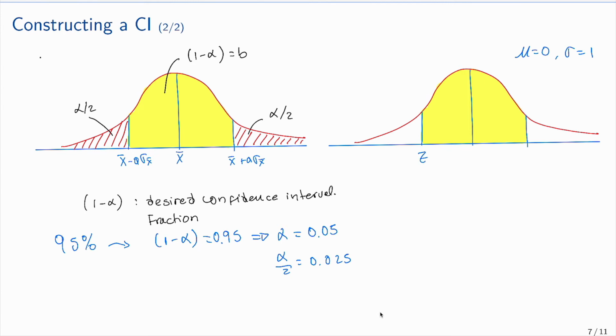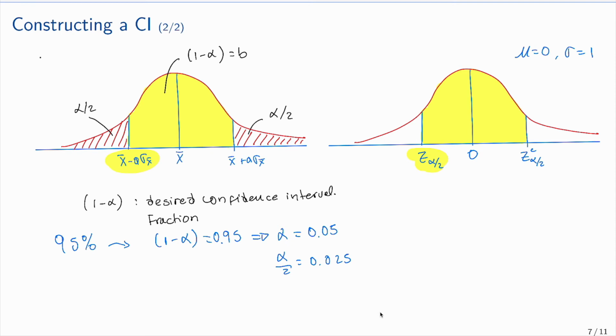So this will be the equivalent of c of alpha over 2, which corresponds to x bar minus a times sigma of x bar, and the complementary value, which is a of alpha over 2, because the mean is 0, will be the negative of the other one.